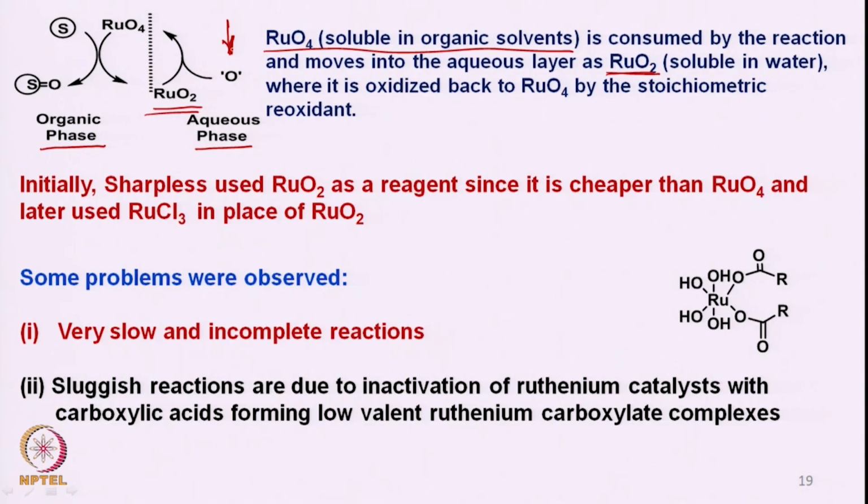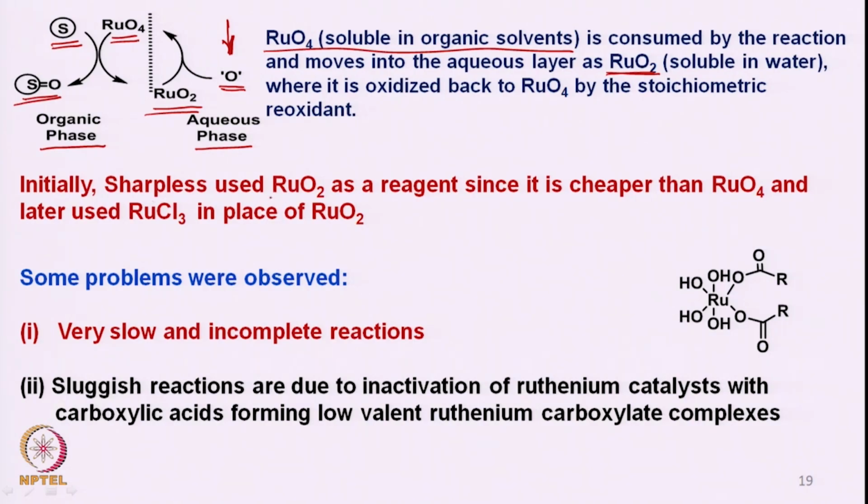When ruthenium tetroxide, which is soluble in the organic solvent, oxidizes the substrate, either by C=C bond cleavage or otherwise, it forms ruthenium dioxide which passes to the aqueous phase, and there the co-oxidant reoxidizes ruthenium dioxide to ruthenium tetroxide. So one can start with only a catalytic amount of ruthenium tetroxide and this reaction can be done.